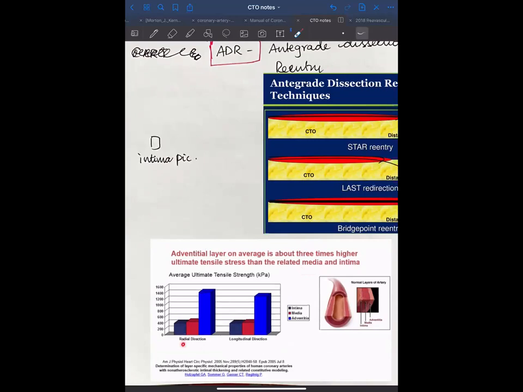Even in the radial or longitudinal direction, it has very high tensile strength, and it is not very easy for us to perforate the adventitia of the CTO segment, they say. So it will usually go back into the intima, or it will track a significant distance till we re-enter subintimally, which was the basis for this.